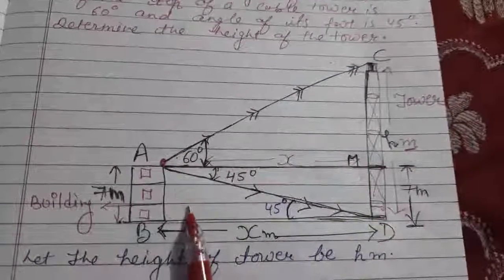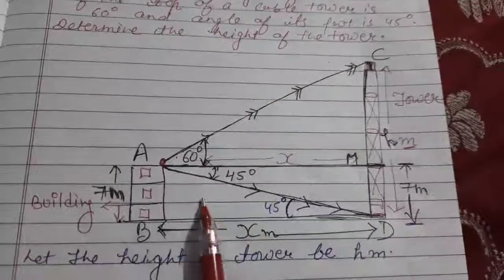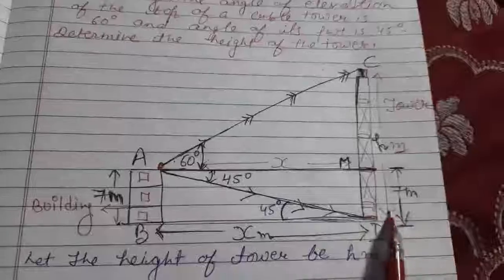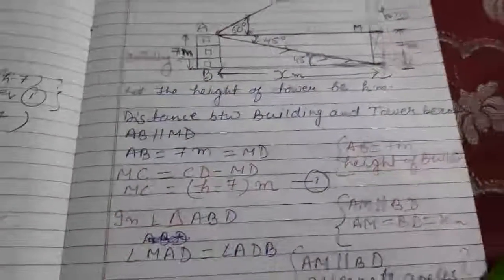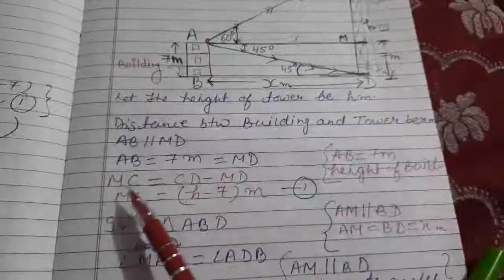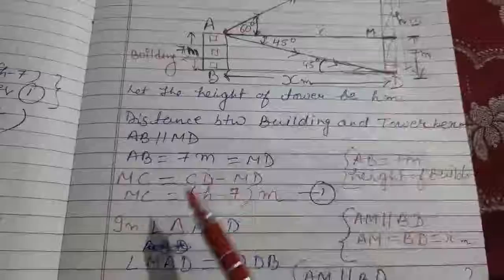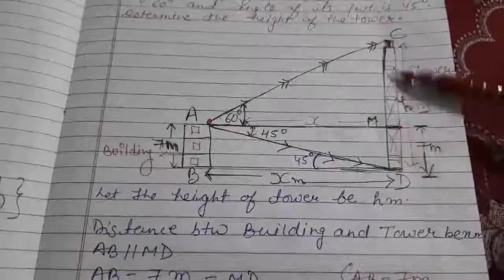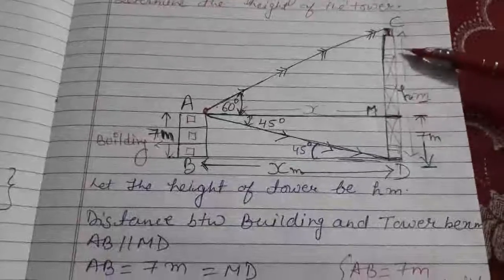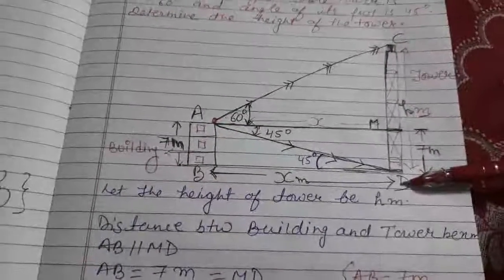First we will apply tan theta in the triangle ABD. AB is equal to 7 meter, so MD will be 7 meter. MC means the second part of the tower, and the total is CD.